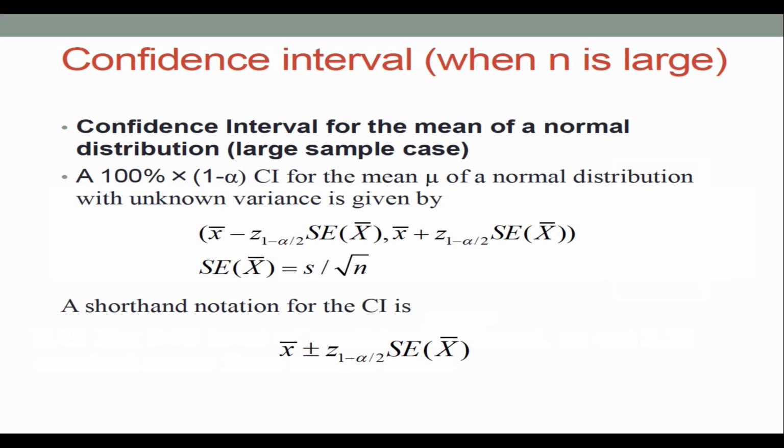This quantity is defined by the critical value you obtained from the standard normal distribution table in the previous slides, corresponding to the right confidence level, multiplied by the standard error for the sample mean. The standard error is defined by the sample standard deviation divided by the square root of n. You should be able to calculate it using the sample you are given. Is that okay? So this is the general formula for the 1 minus alpha 100% confidence interval for the population mean.